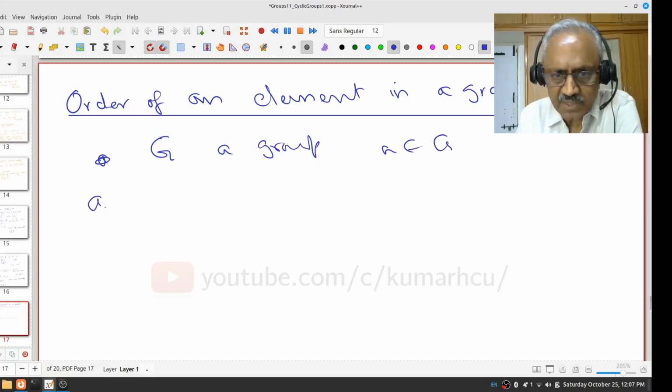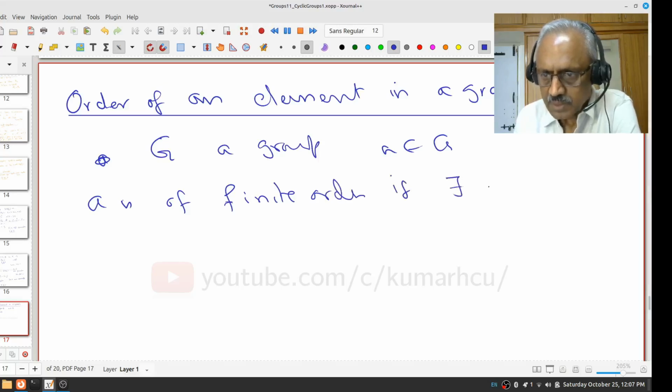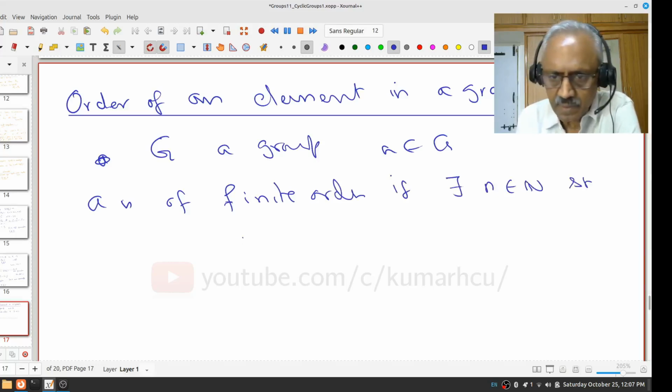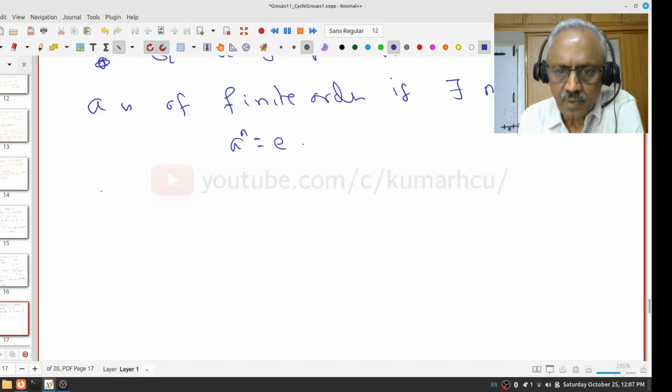The first thing I say is A is of finite order if there exists a natural number n so that A to the power n is the identity. Otherwise, A is of infinite order.